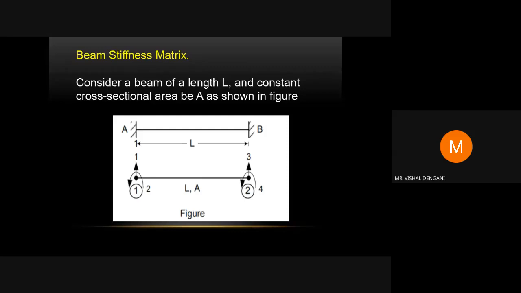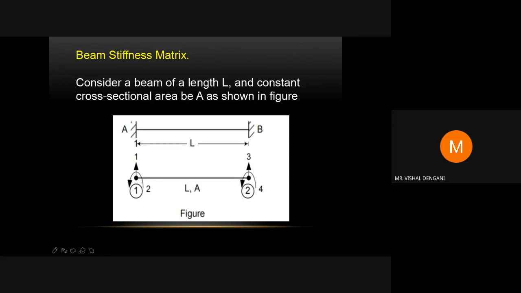Here we will consider a fixed beam for the derivation. So consider a beam of length L and a constant cross-sectional area A as shown in figure. The length and the area will be the same.